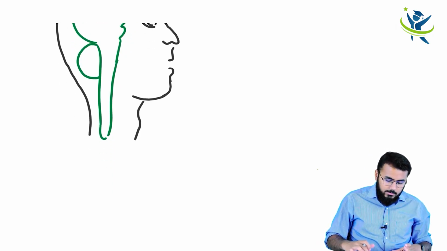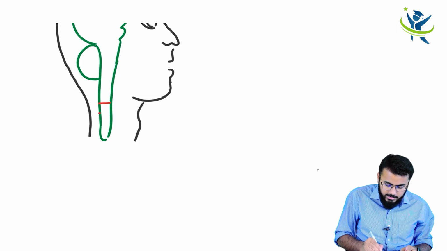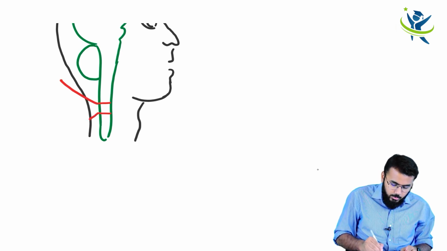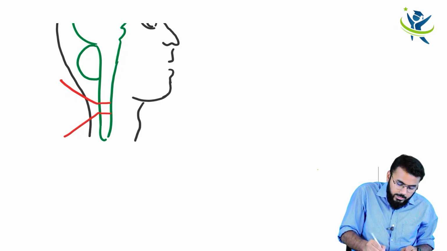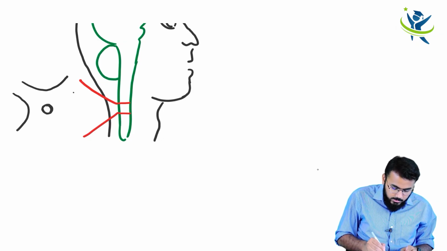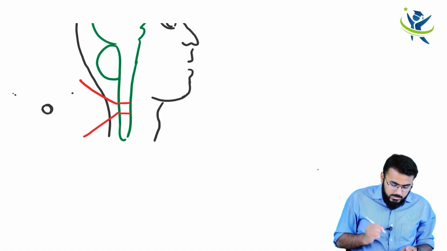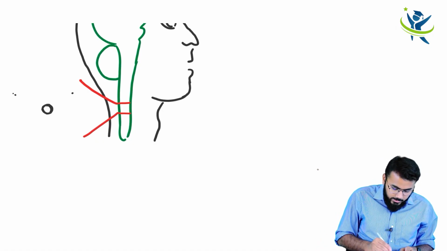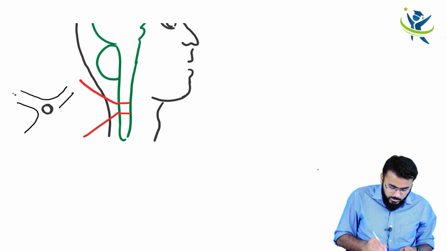Now I'm making a section of his spinal cord. This is a section of the spinal cord, and let me show it here. This is the central spinal cavity, and whatever I'm drawing now, these are called horns.